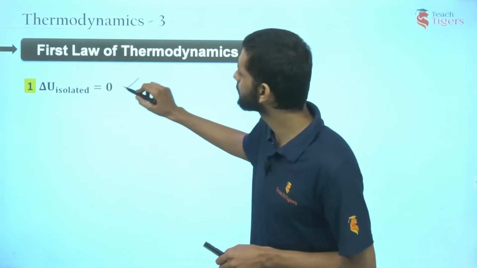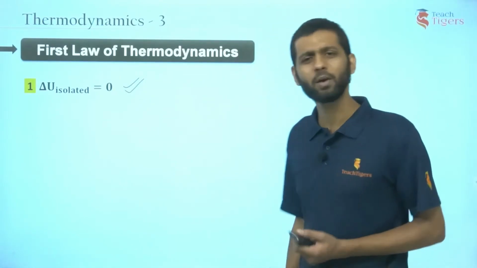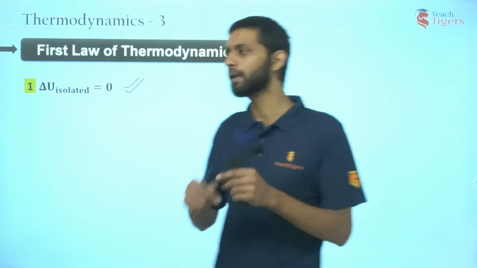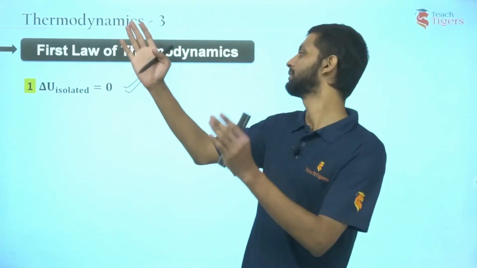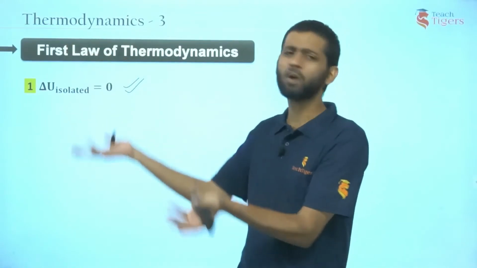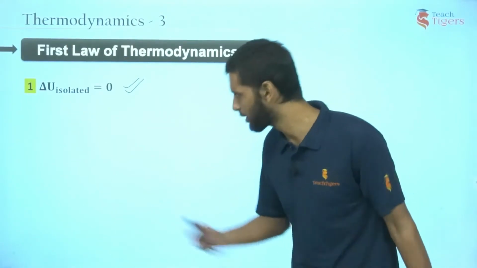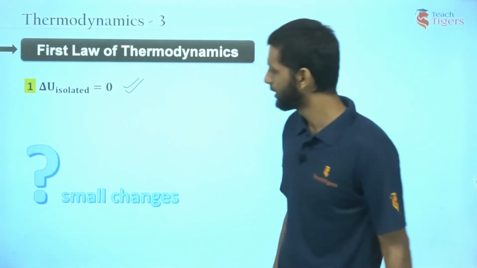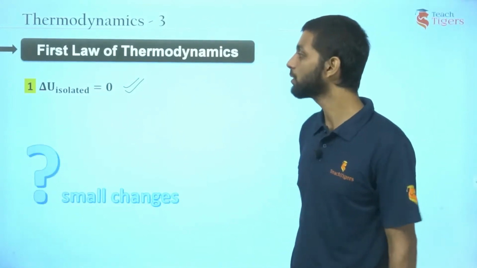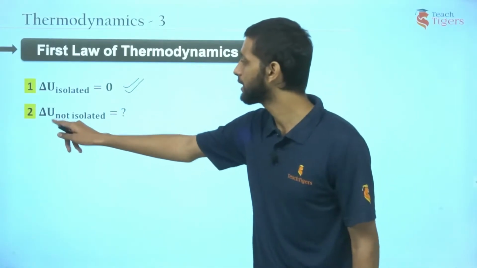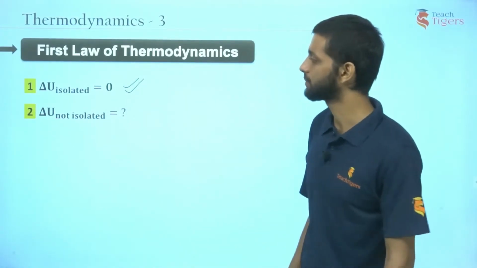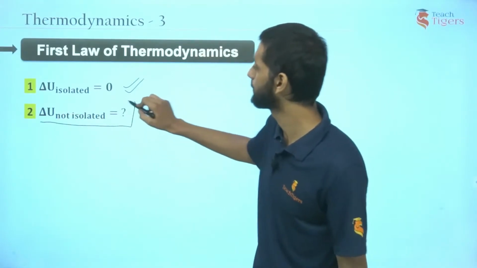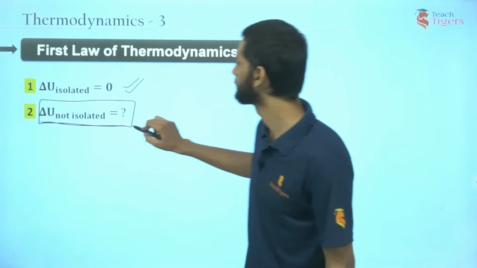If that is the first law of thermodynamics, it's not a lot of fun, is it? I just take an isolated system and say, voila, the energy of this system is not going to change. Thank you. Like I should get a prize for saying that. But we also have to talk about delta U for non-isolated systems. How do we define these things?